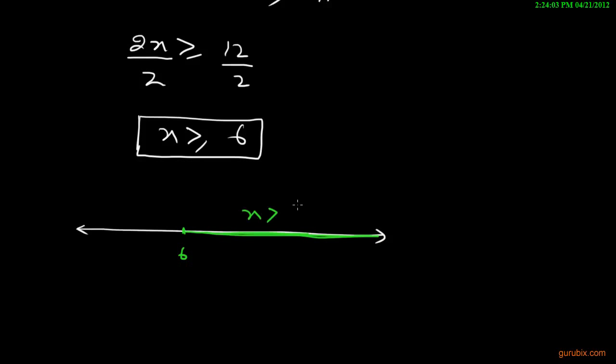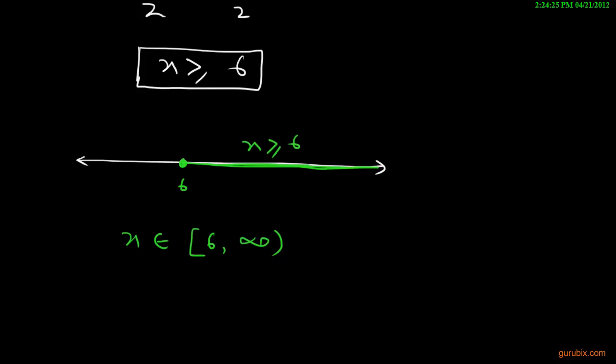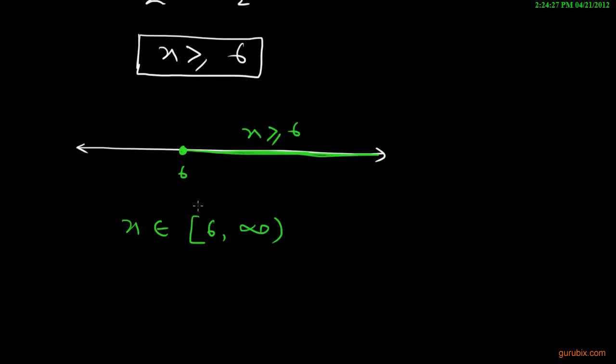So this shows x is greater than 6, and because x is equal to 6, we shall place here a closed circle, and we can write x belongs to 6 and greater values. 6 is included, so we write the sign of square bracket here.